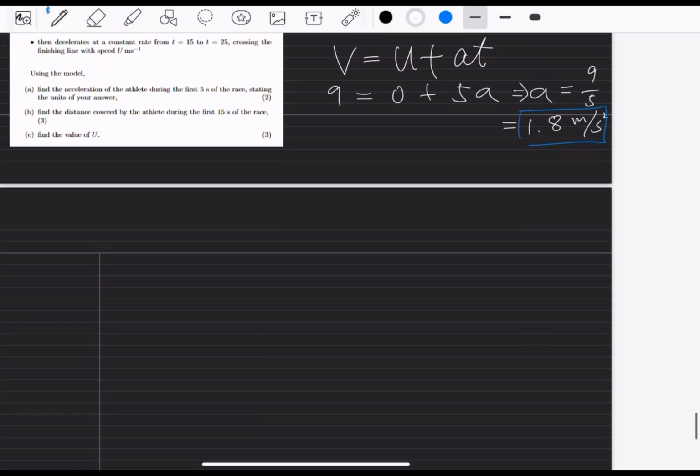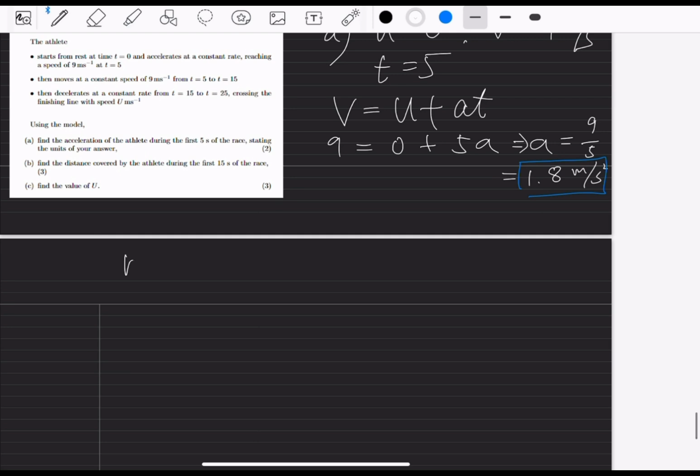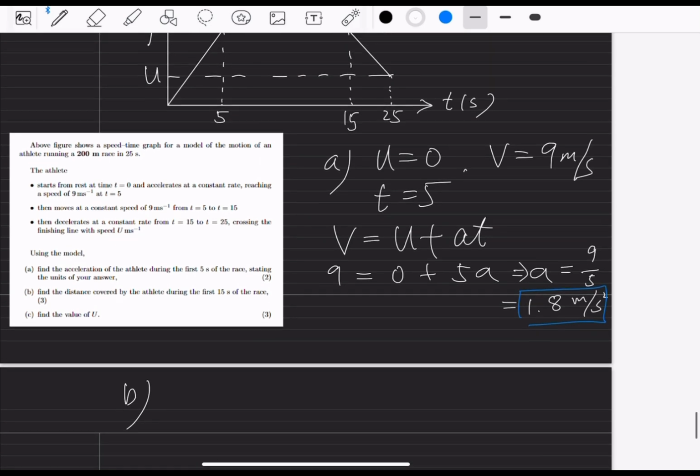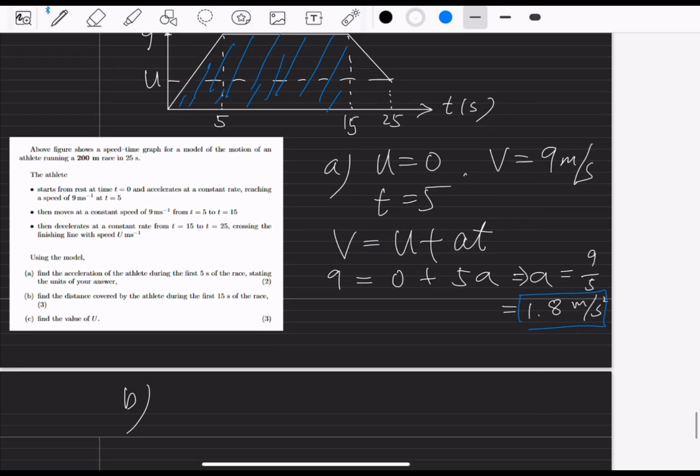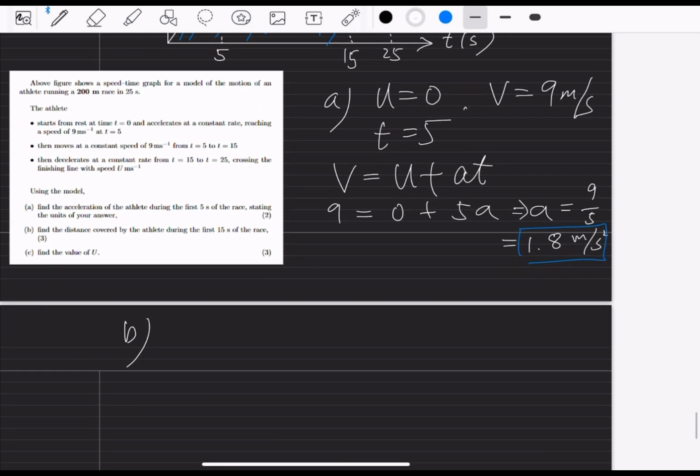Okay, now part B. Find the distance covered by the athlete during the first 15 seconds of the race. For the first 15 seconds, we need to calculate the area under the straight lines, and that is the shape of a trapezium. So we need to find the area of that trapezium.